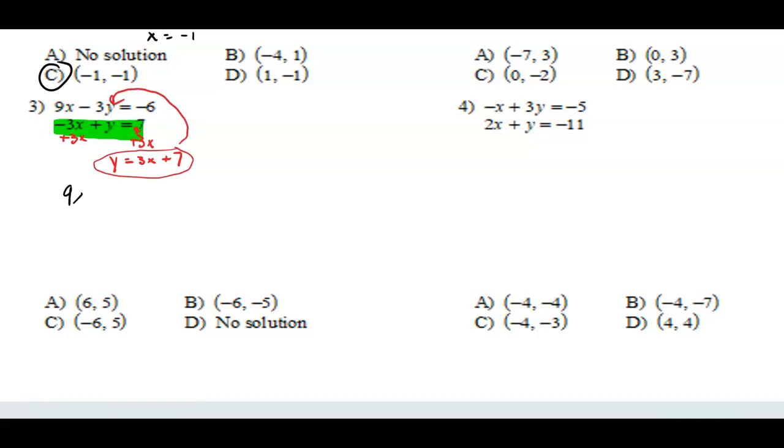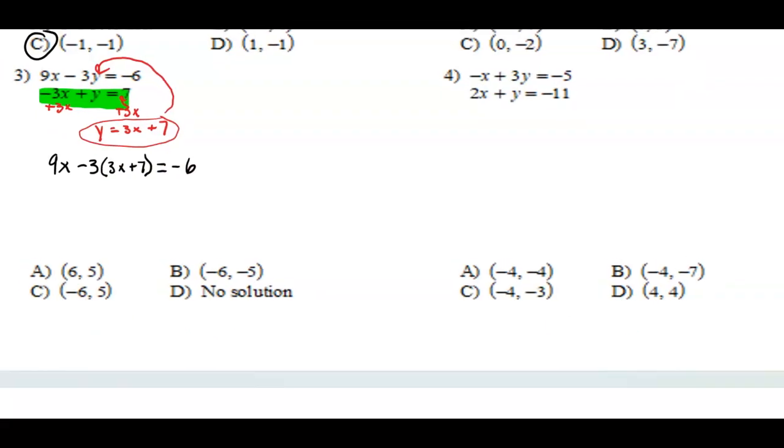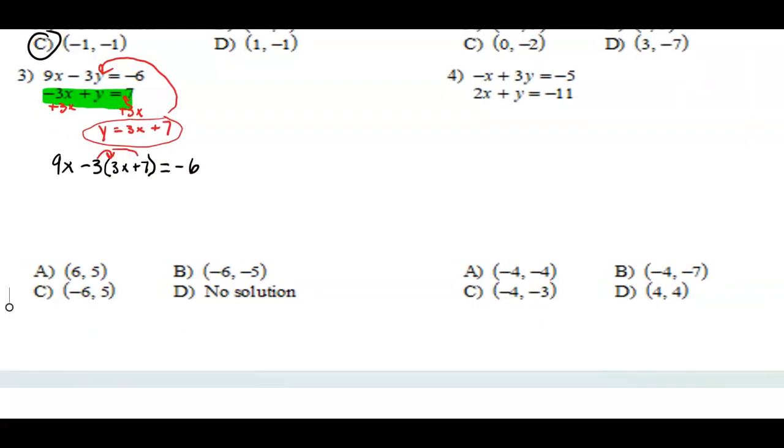So I get 9x minus 3y, but y is negative 3x plus 7, so parentheses negative 3x plus 7. So basically, whenever I saw y, I was replacing it with what y equaled, is equal to negative 6. It's important to copy that equation perfectly. So now I'm distributing a negative 3 to both terms inside.